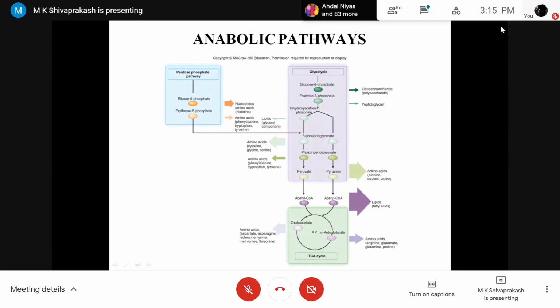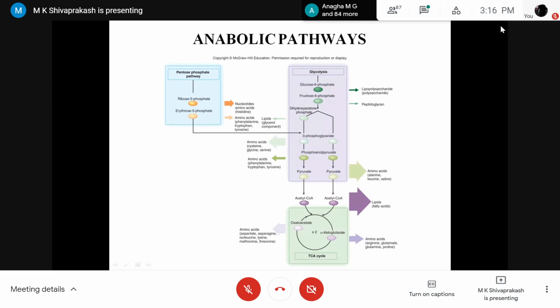The anabolic pathways, how it happens in different kinds of organisms. Of course, from the glycolytic pathway and TCA cycle, from these respective catabolic pathways, how the intermediates are taken out and used in the production of either amino acids, or fatty acids in lipid biosynthesis, or nucleic acids, that's mainly nucleotides.